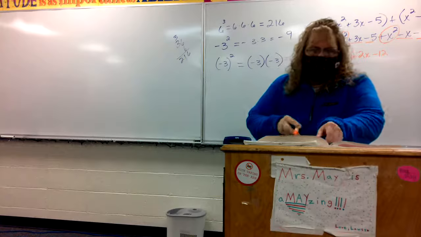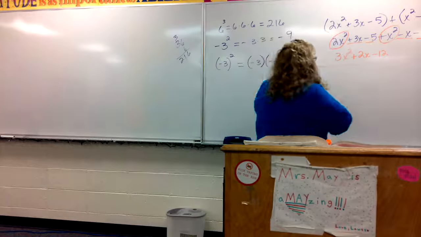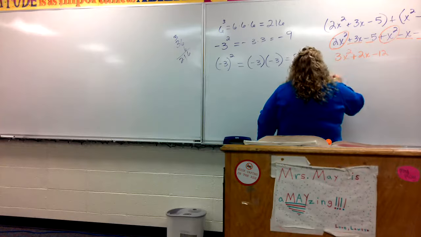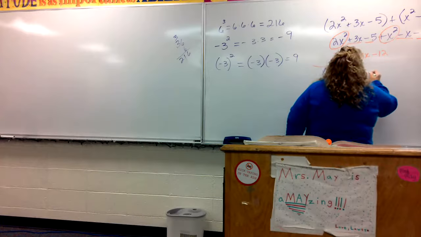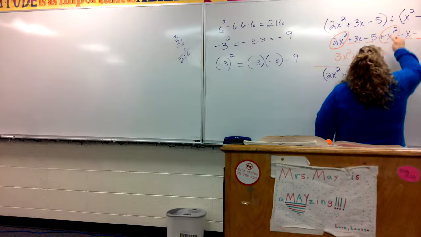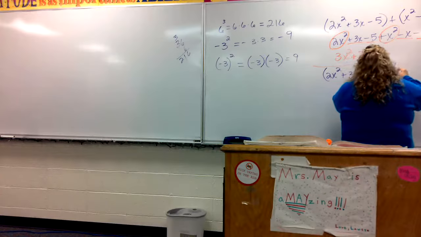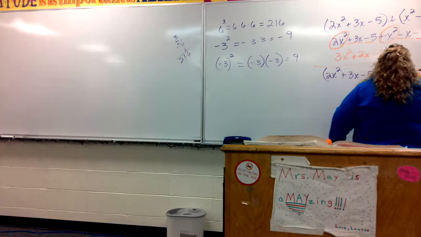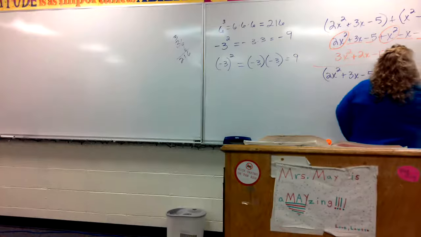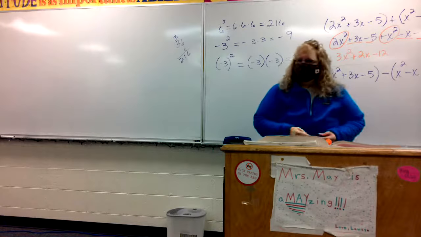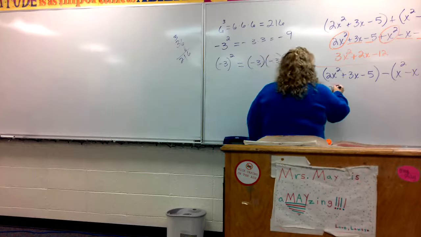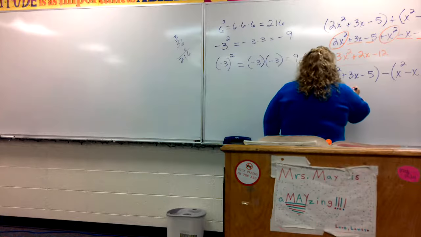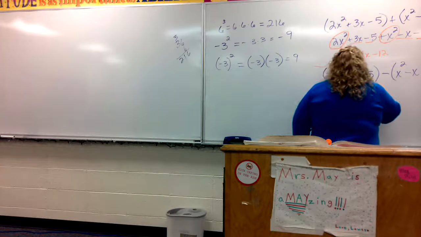Right? And if I wanted to subtract those two, now, instead of adding, now I'm going to subtract. So the first set of parentheses, you just leave it alone, right? 2x squared plus 3x minus 5.